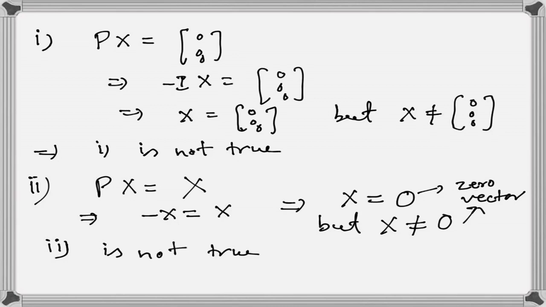Similarly 3 is also not true, because 3 is satisfied only if x is 0. Then the fourth one: Px is equal to minus x.